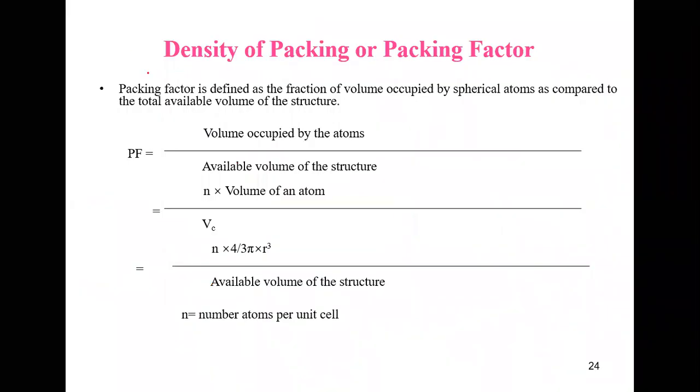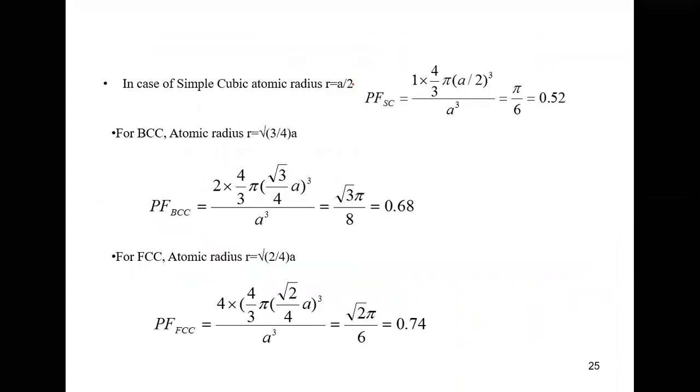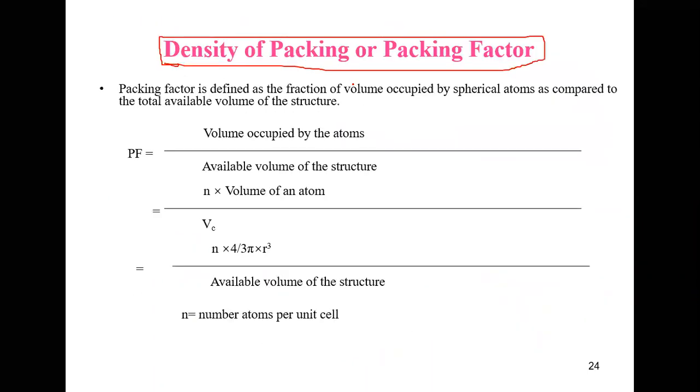Okay, now the density of packing or packing factor. You have seen previously the number of atoms per unit cell. We have calculated the number of atoms per unit cell. That number we denote by small n, and the value of n is 1 for simple cubic, n equal to 2 for body centered cubic, and n equal to 4 for face centered cubic.